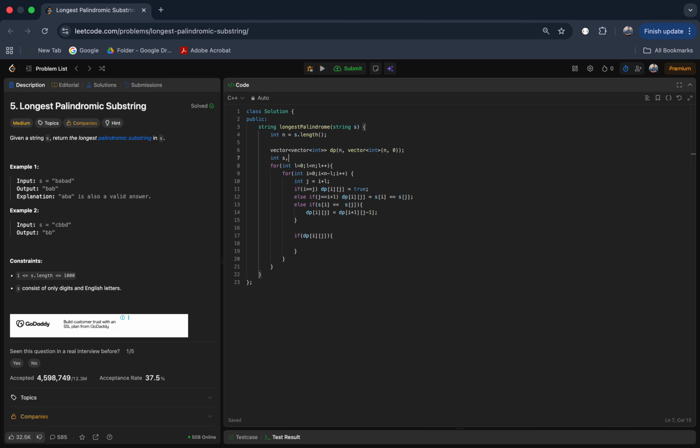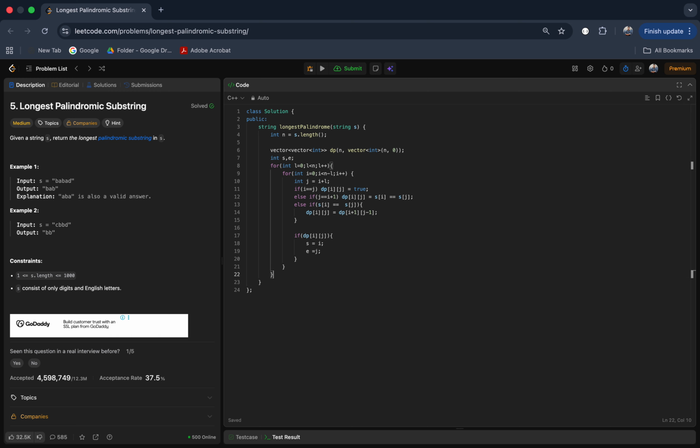So start and end I will mention here, and then start equals i and end equals j. Here we don't need to check the maximum, because as we are increasing the length, the last palindrome which will be true will be the longest only, because the length is increasing every time.